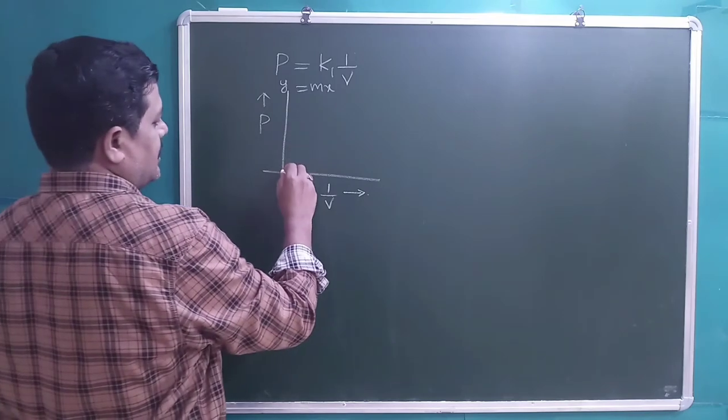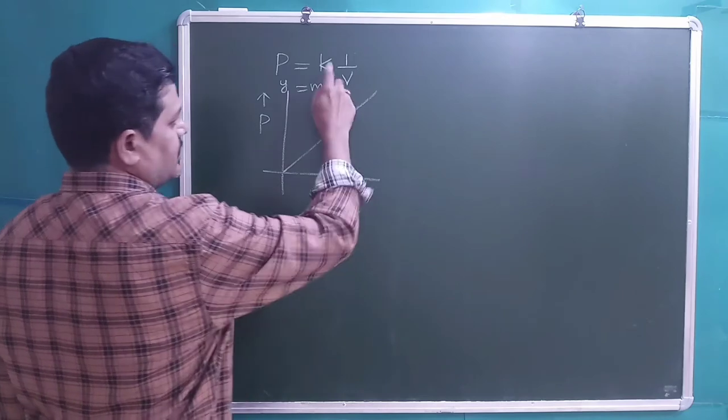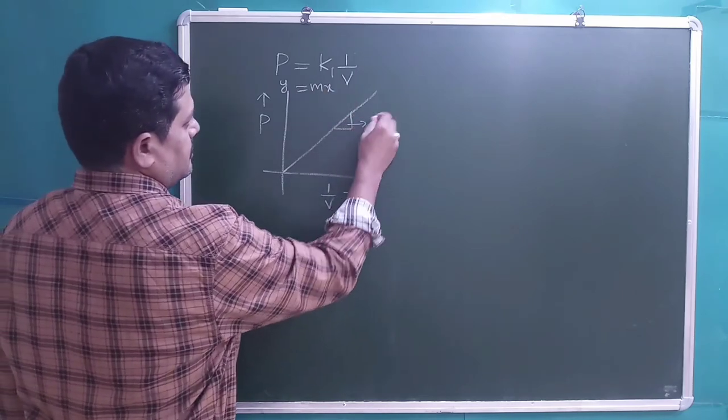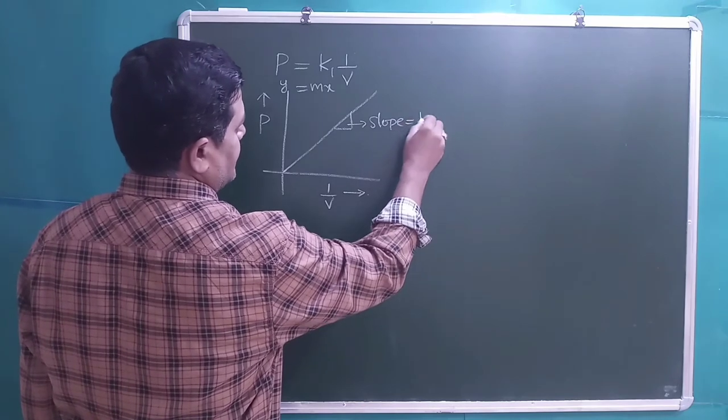So y is equal to mx is a straight line passing through the origin with the slope of K1. Here slope of the line is equal to K1 constant.